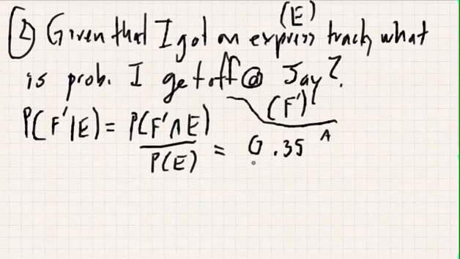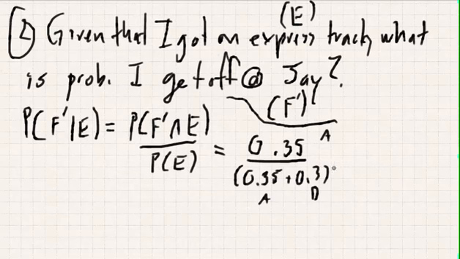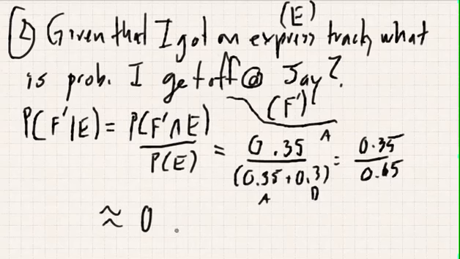Whereas getting on the express track, I could have gotten on the A, which is 0.35, or I could have gotten on the D, which is 0.3. So this is 0.35 divided by 0.65, and this is literally equal to 7 out of 13.